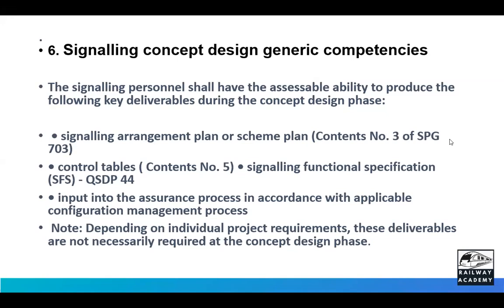That is your site acceptance test. All this comes under what is called the assurance process, and you follow the RAMS, that is reliability, availability, maintainability, safety. All these procedures you follow belong to the assurance process. And depending upon the individual project, certain things may be required, certain things may not be required, in whatever has been elaborated now.